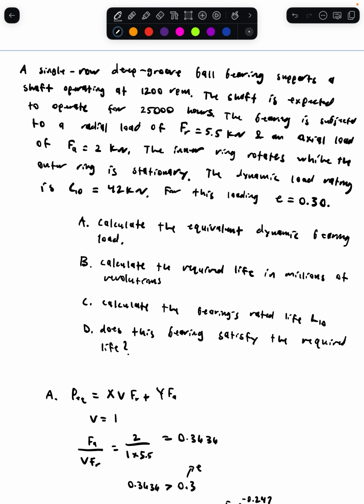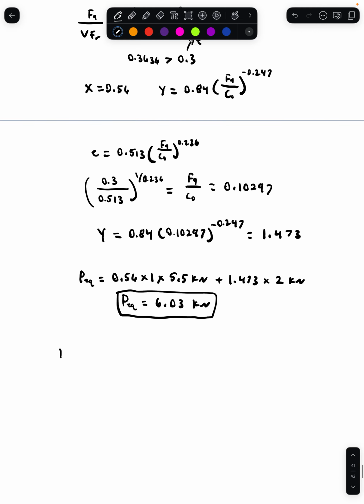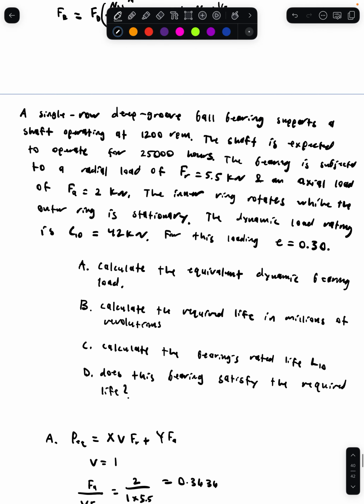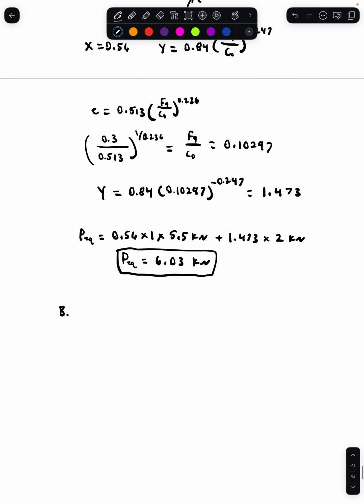Okay, now we're asked to calculate the required life in millions of revolutions. So the required life is basically asking how many millions of cycles does it need to last to fulfill this 25,000 hours at 12,000 RPM? So we start with 12,000 revolutions per minute. We convert that to revolutions per hour, so times 60 minutes in an hour, and then times 25,000 hours.